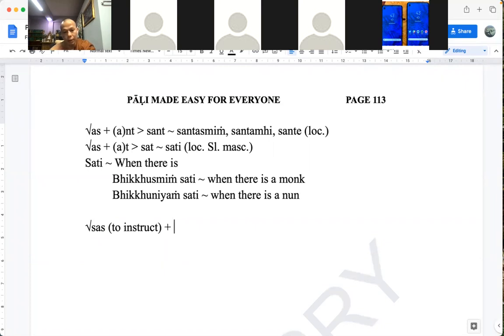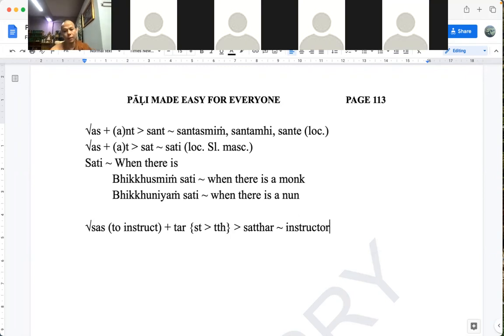To instruct. And the tar. So here, tar becomes ta, so that is why we have sattha. So the meaning is instructor, and instructor, or teacher also, or master. Okay.